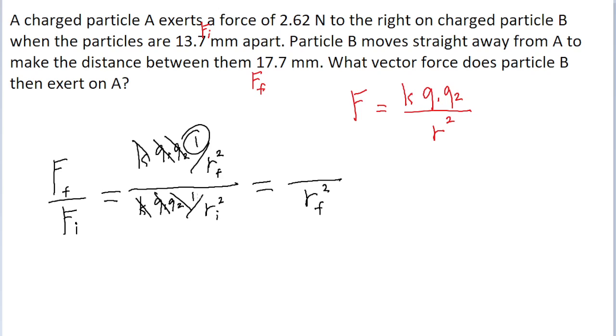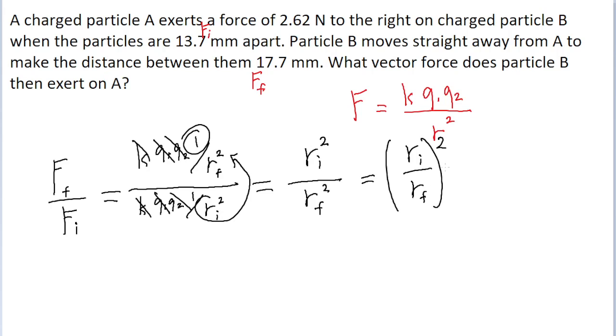And in the denominator, we have, again, a reciprocal, R sub I squared, so that becomes relocated to the numerator. So we've got R sub I squared in the numerator, which I would argue can be more simply written as R sub I over R sub f within parentheses, with a square adjusting the entire term.